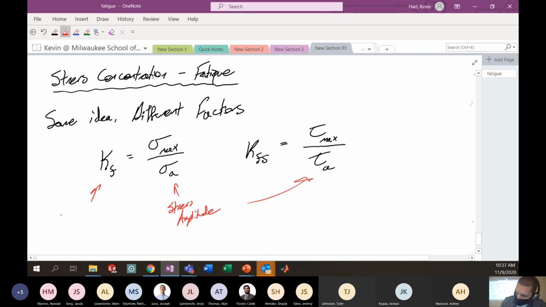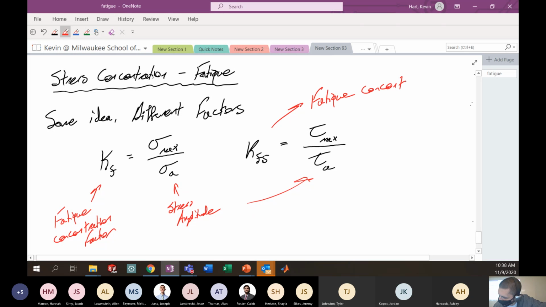This is the fatigue concentration factor. This here is also a fatigue concentration factor, but this is specifically for shear.